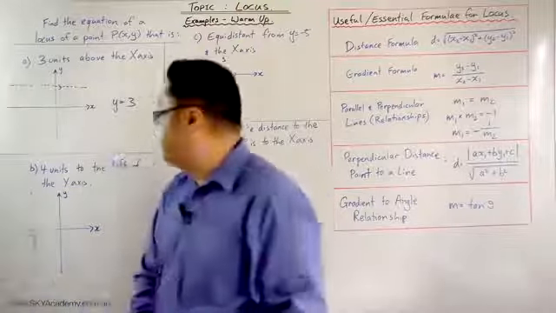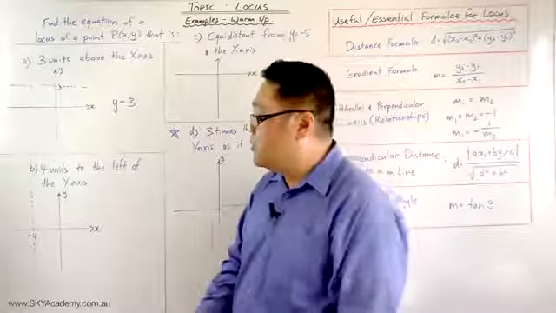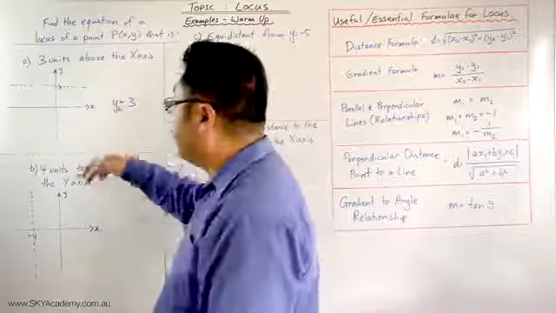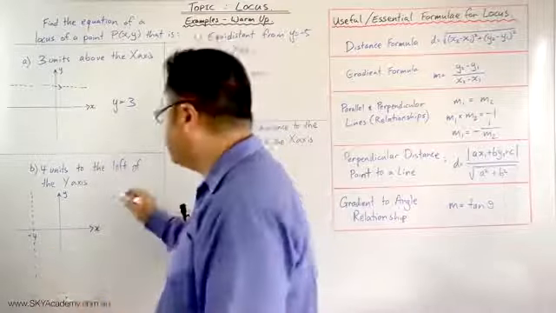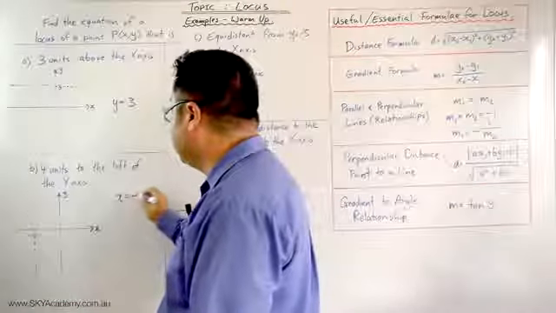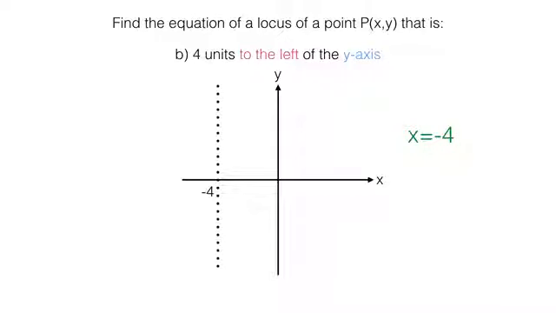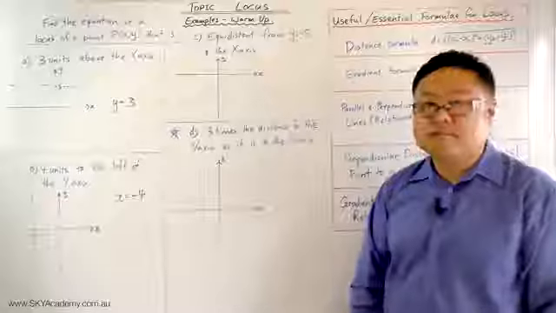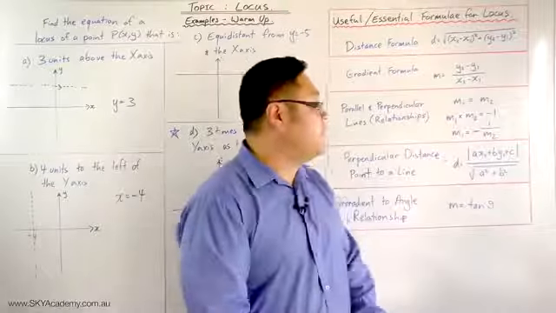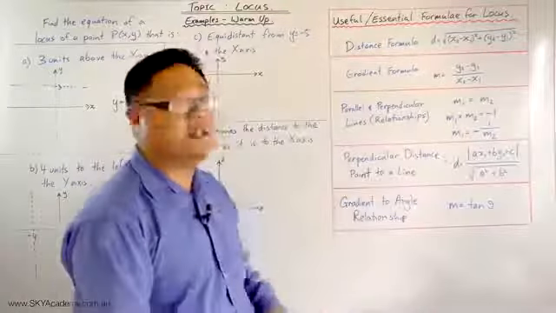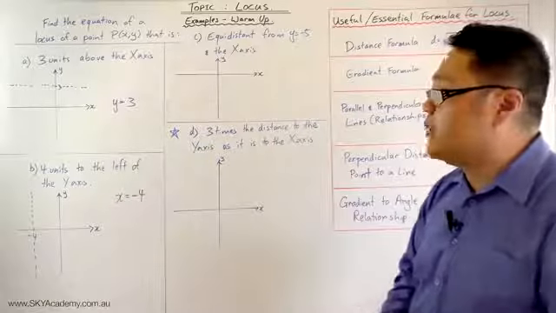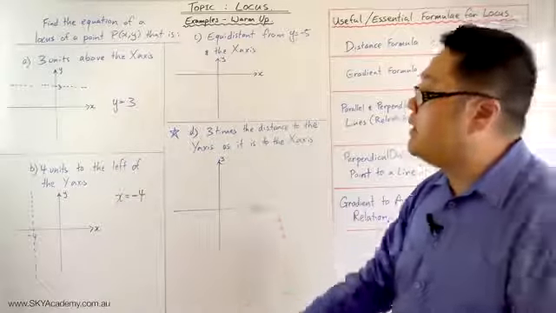The equation of the locus will be similar to the above question. It'll be x = -4. Do you see that? Good. Like I said before, we could use the perpendicular distance from a point to a line, but we're not going to. It's just a matter of visually being able to see what's going on and applying that, okay?